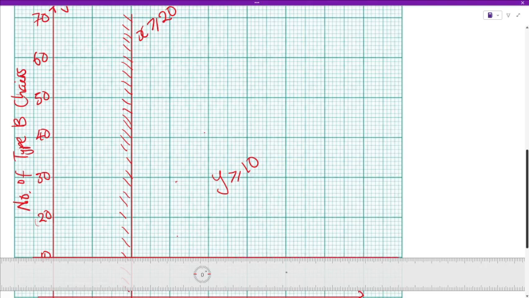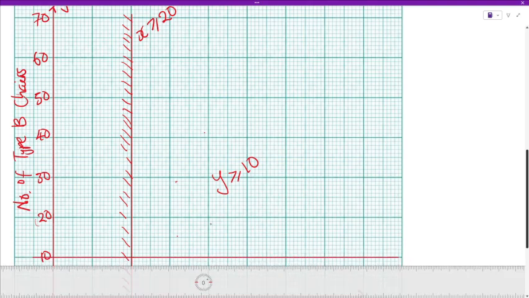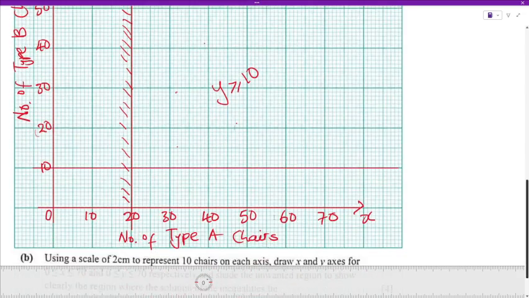So what is the symbol saying? Greater than. Okay, so what does that mean? Which part are you shading? What you need to stay away from is the greater part, since the sign says greater than or equal to. So we stay away from this part, because going upwards we are going towards the positives, so that is the greater part.